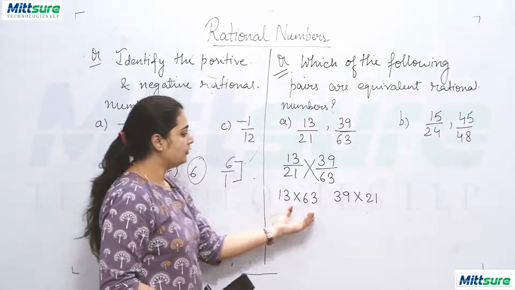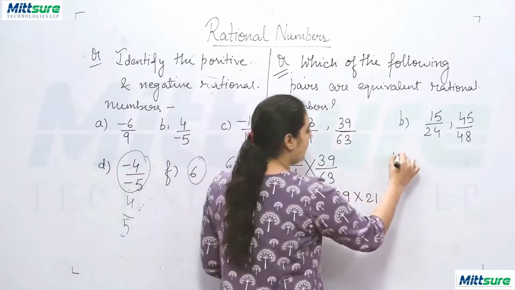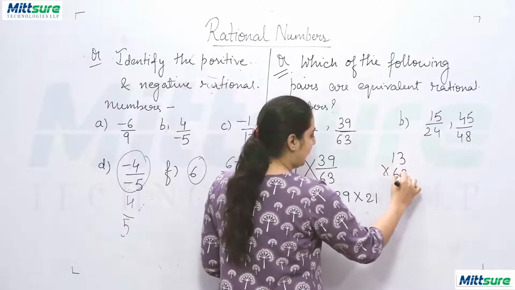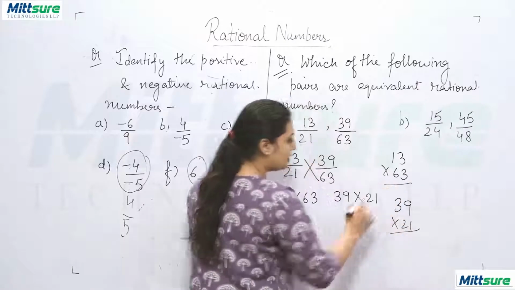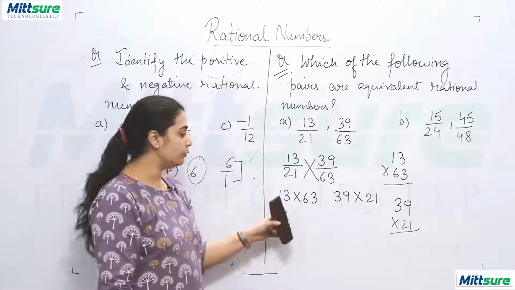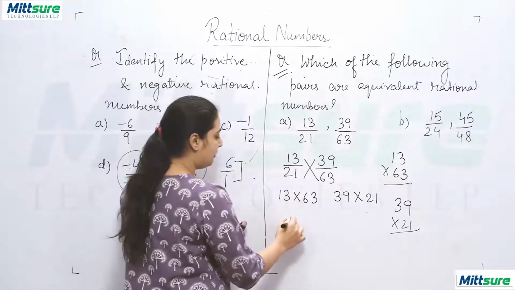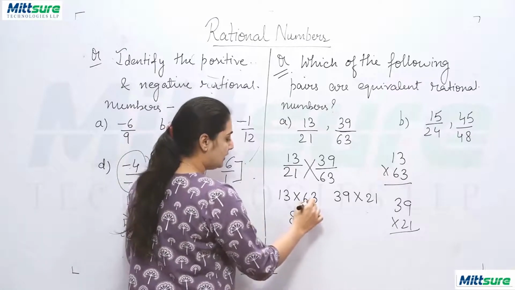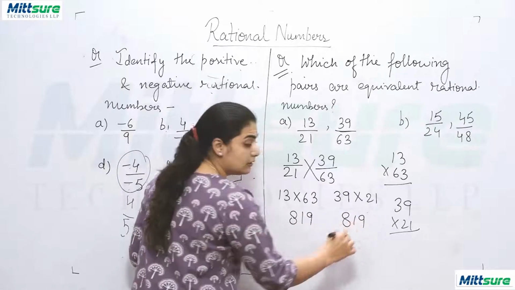So children, here you can do the direct multiplication also, or you can arrange them in a column and then multiply like this, 39 into 21. Both ways, according to your convenience, you can use to multiply these numbers, right? So when we multiply 13 into 63 we get 819, and 819 here also.